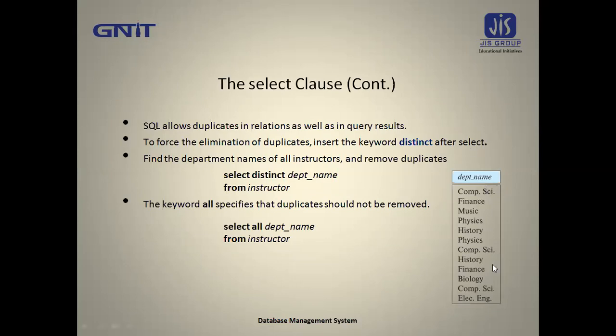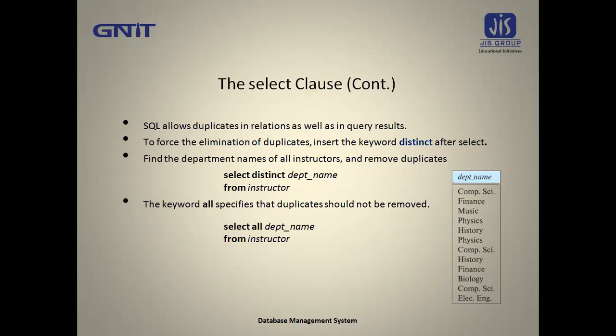If I write select department name from instructor, I will get multiple department names. Computer science will be printed for all the faculties who work in computer science, music, physics, same for everyone.